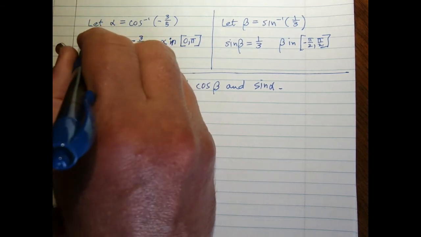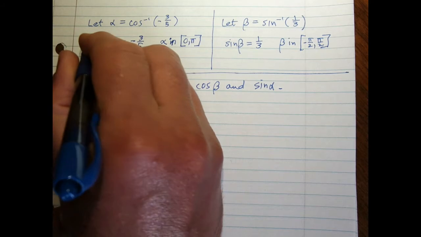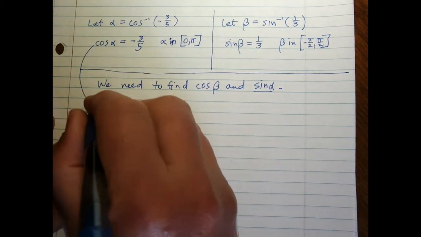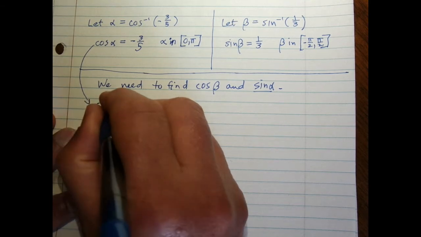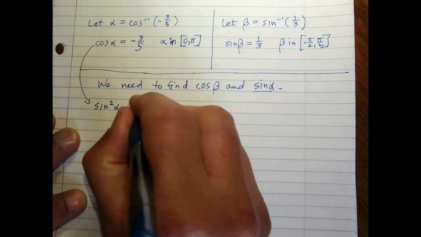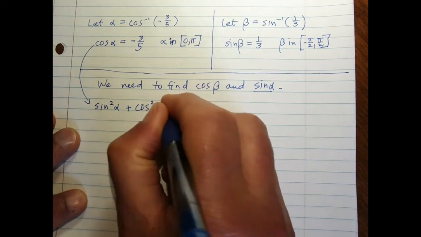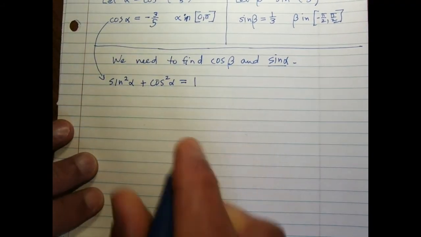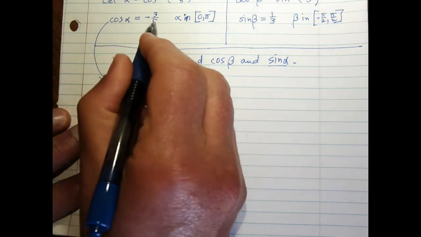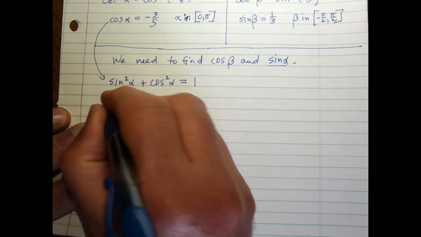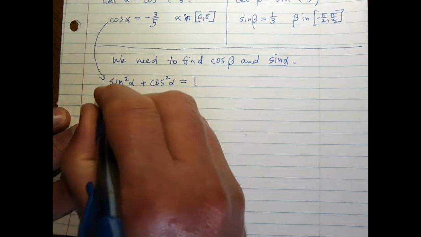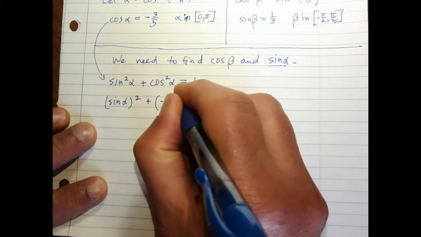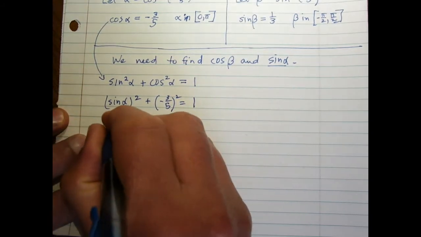I'm going to do sine alpha first here, because sine squared alpha plus cosine squared alpha is equal to 1 from the Pythagorean identity. We have a value for cosine alpha. So sine of alpha squared plus -3/5 squared is 1.